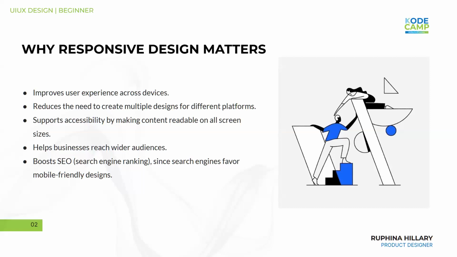So now, if you are translating this mobile version to the desktop version, with smaller screen sizes, you are using smaller fonts and smaller spacing, things are more compact, right? If you translate this to your desktop version without changing some things, it will not support accessibility, right? Content will not be readable. It won't be legible. So these are the different factors we have to look at when making our design responsive.